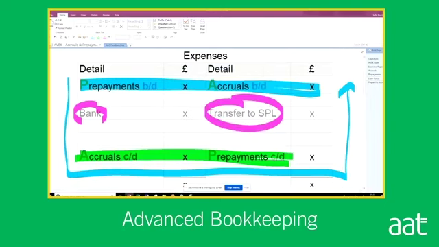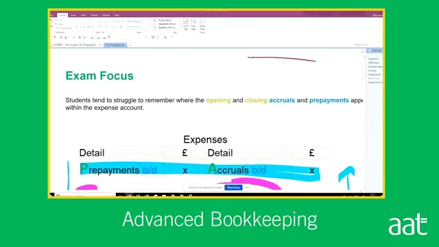I go, right, I'm looking at an accrual and prepayment expense, PAPA, and it takes that thinking out. So I know that if I've got a prepayment for last year, it goes at the top, on the debit side. If I've got an accrual for the current year, I know it's going to go on the debit side of my T account, and it just takes that thinking away.